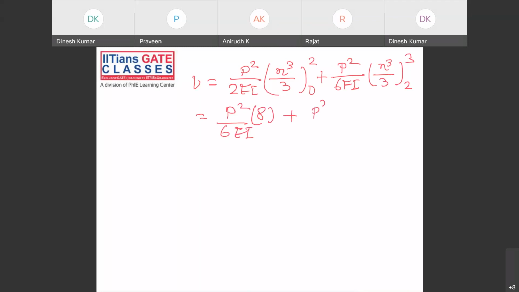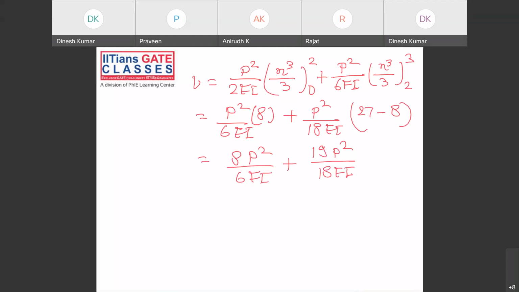Then it is P square upon 18EI, and if you take the limit, it will be 27 minus 8. So we see 8P square upon 6EI plus 19P square upon 18EI.